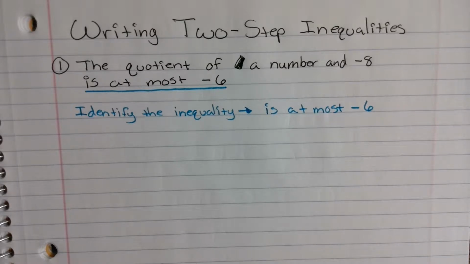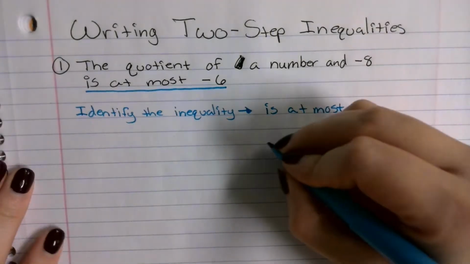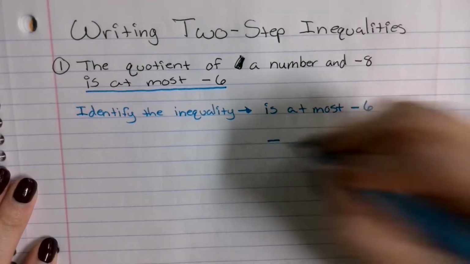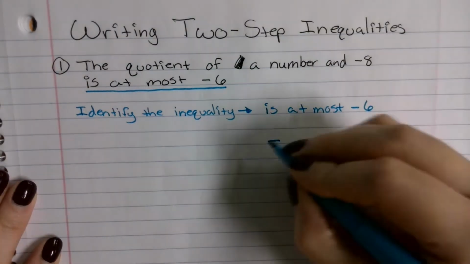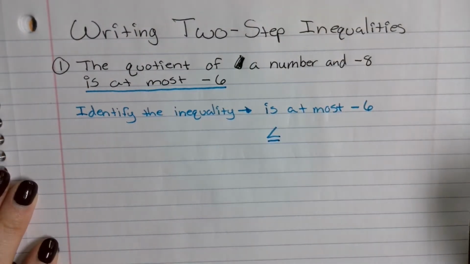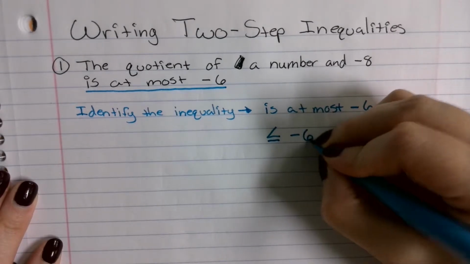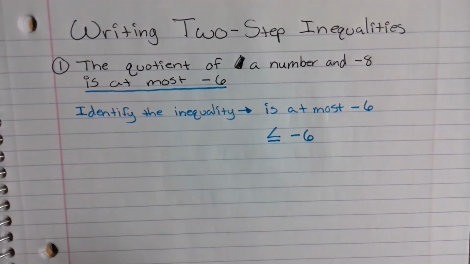A 100% is at most the highest grade you can get. That's the highest possible grade you can get on your test. 100%. Okay, so is at most means it can technically be equal to it, so we can draw the line underneath, but it also could be less than this. So it's less than or equal to -6.